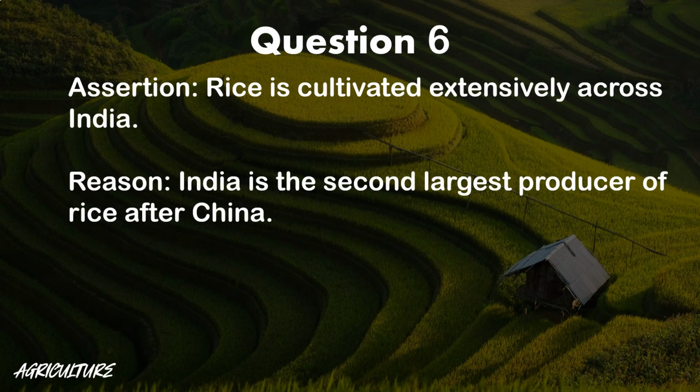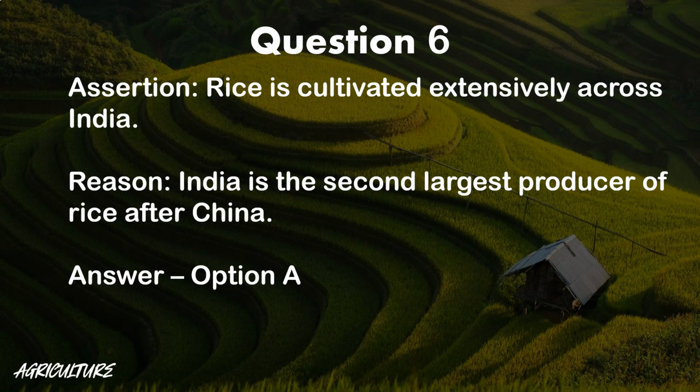So next question. Assertion: rice is cultivated extensively across India. Reason: India is the second largest producer of rice after China. Take a few moments to find the right answer. So the answer is option A. Rice is cultivated extensively across India. Yes, that's true.